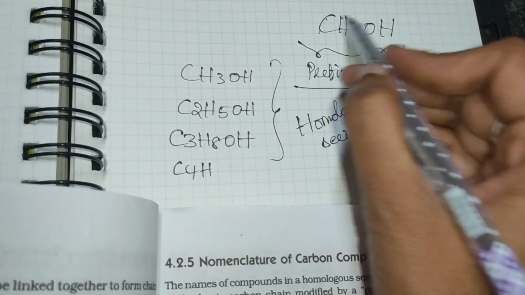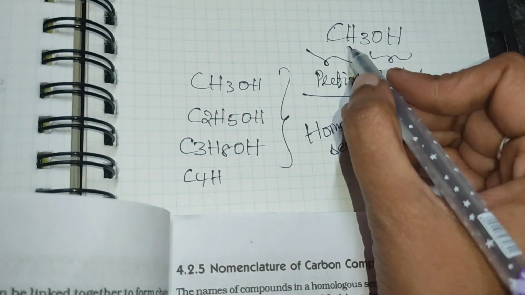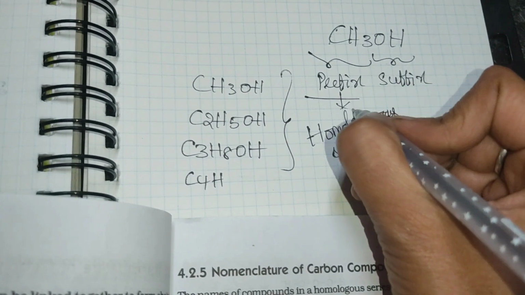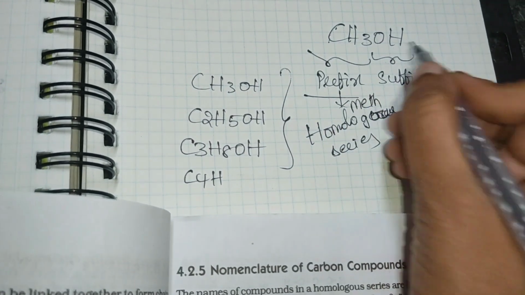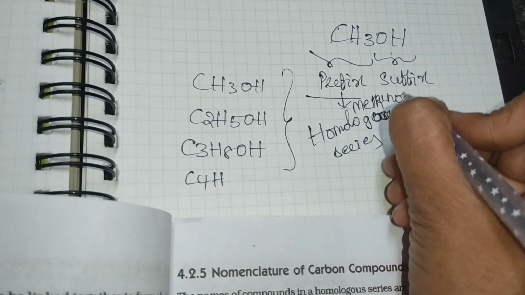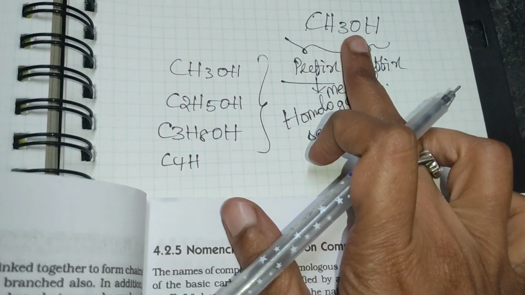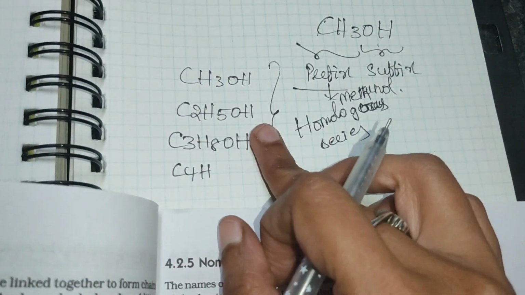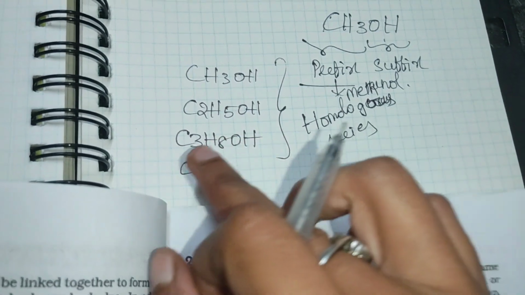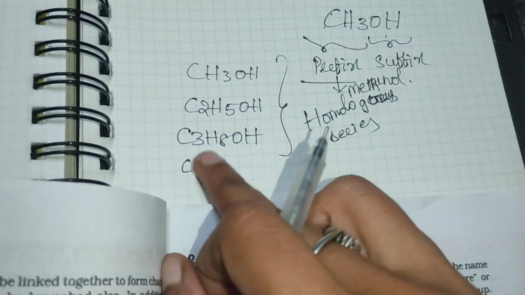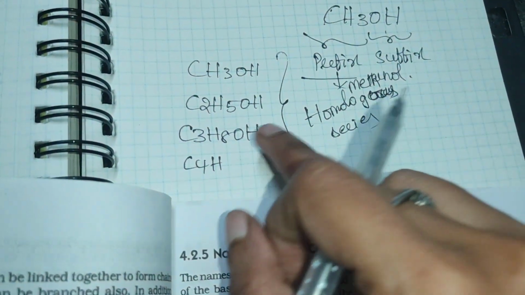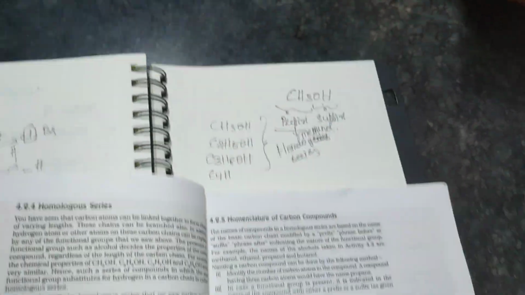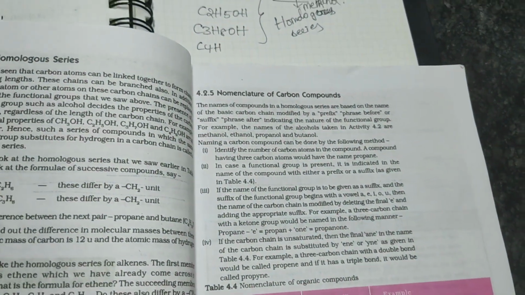So if one carbon atom is there, then we can say meth, and because alcohol is there, methanol. Or if two carbon atoms are there, then eth, and alcohol is there, ethanol. If 3 carbon atoms, prop, and alcohol is there, propanol. Like this we can give names.